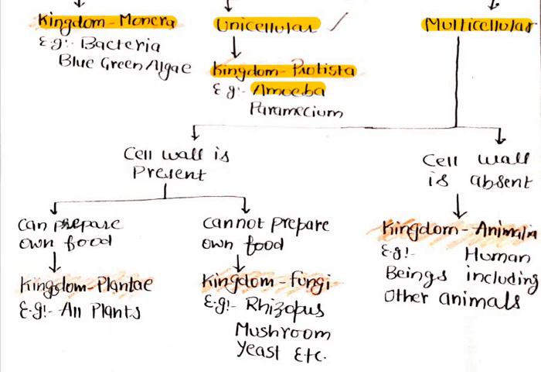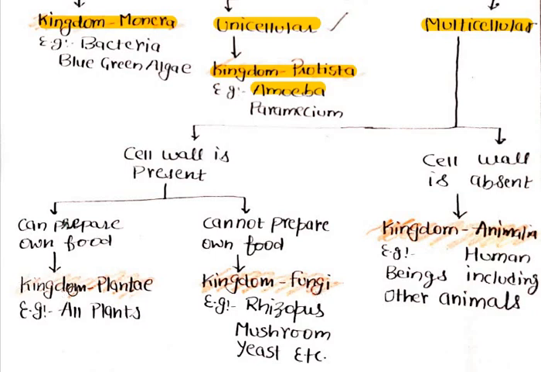Then if fungus and plants both have cell wall, how did R.H. Whittaker classify the plants and fungus into different categories? Then he took another criteria, that is the nutrition. Those plants which were autotrophs, he classified those organisms under kingdom Plantae, whereas those that were saprophytes, heterotrophs, which cannot prepare their own food, he classified into kingdom Fungi.